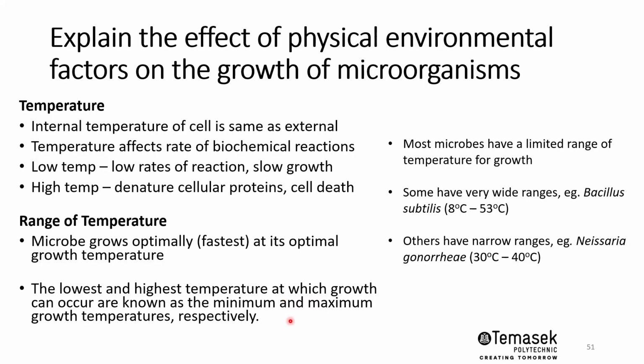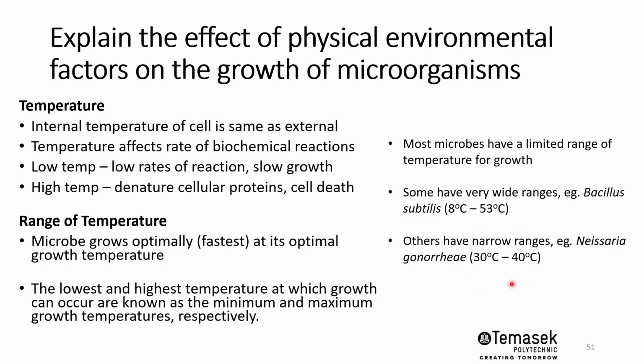Most microbes have only a limited range of temperature for growth. They have preferences, which we will see later in the slides. Some have very wide ranges, for example Bacillus subtilis, between 8 to 53 degrees Celsius. Others have a much narrower range. Neisseria gonorrhoeae, which causes the disease gonorrhea, works actively at body temperature, 30 to 40 degrees.